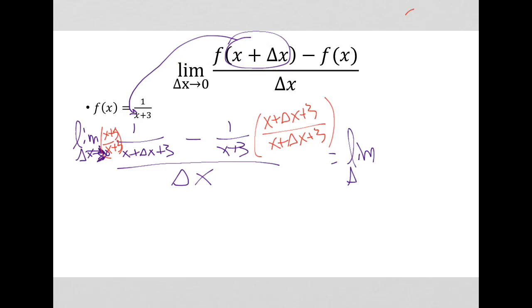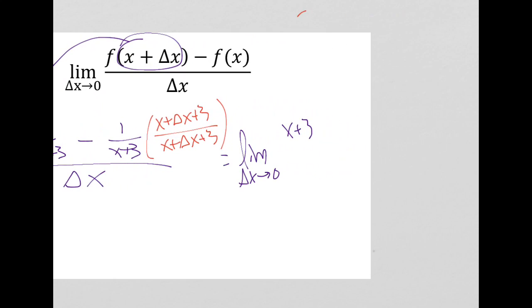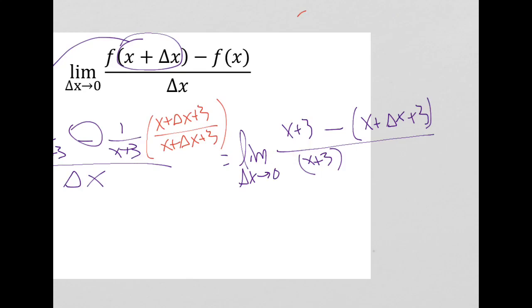Limit as delta x approaches 0. My left-hand fraction, numerator, is going to give me an x plus 3. My right-hand fraction, numerator, and notice we are subtracting it, is going to be parentheses x plus delta x plus 3. And all of that is over this ugly mess, which I'm not going to multiply out. I mean, I could, but it doesn't do me any good. All of that over delta x.